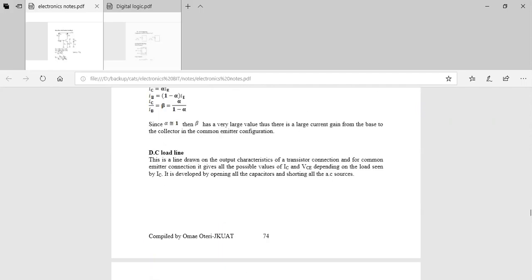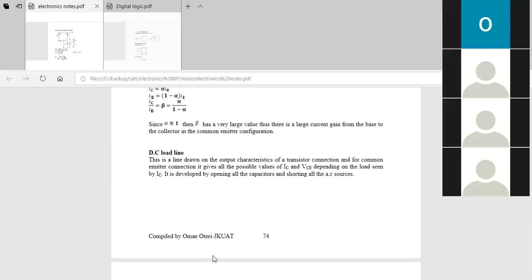So I'll come back to it. But now let's talk about the DC load line. That's one concept I think we need to understand. Also, I can introduce it today, see whether you can get something out of it.